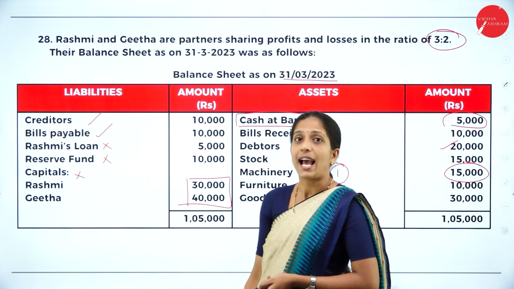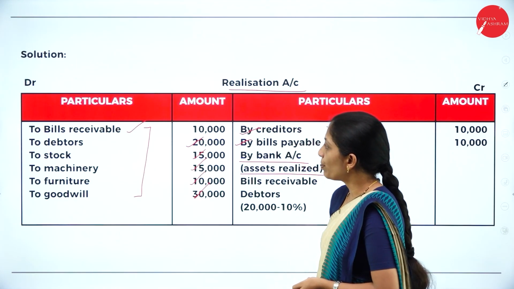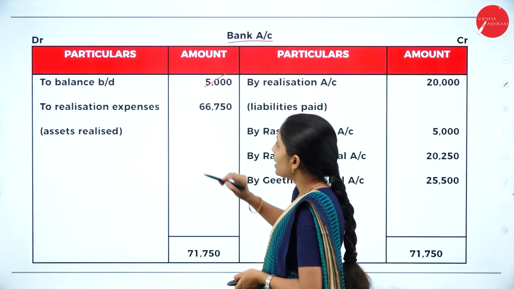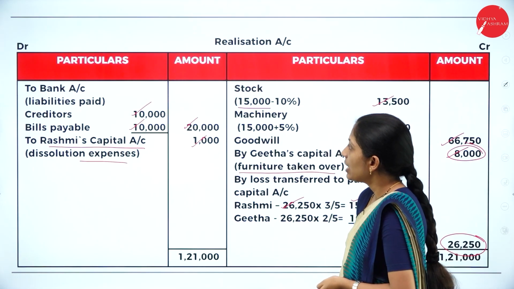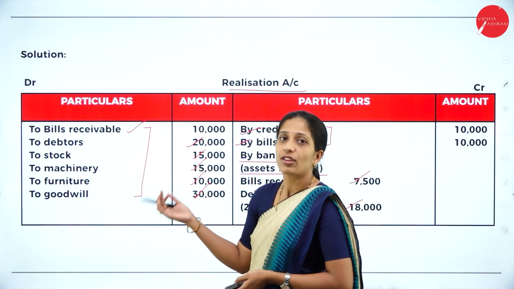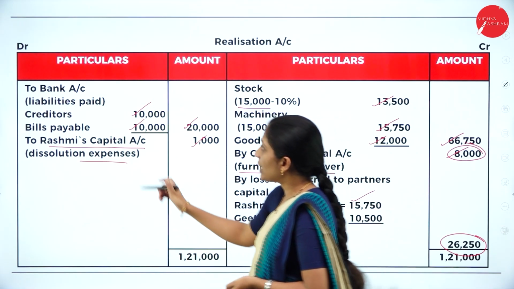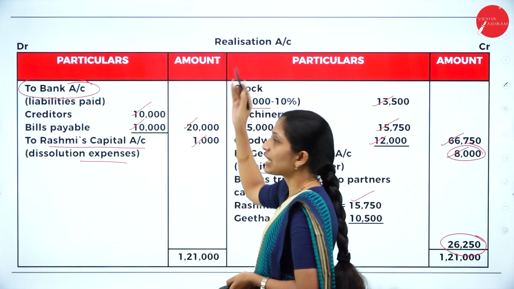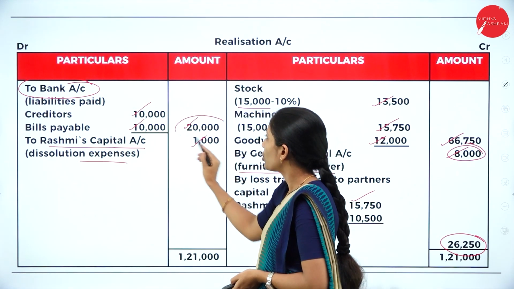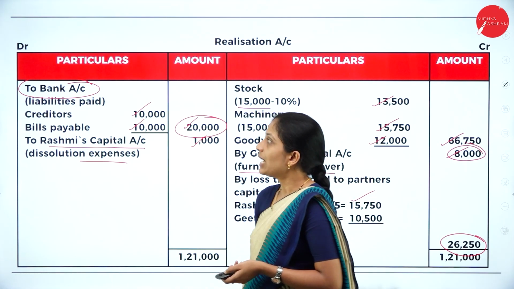So, this 5,000 has to be brought down. So, to balance brought down, 5,000. Next, if you see your realization account, where there is bank account, for that you have to transfer the entry. So, here we have 2 bank account entries. So, how do you write the reverse entry? By realization account, how much? 20,000. This is for liabilities paid.